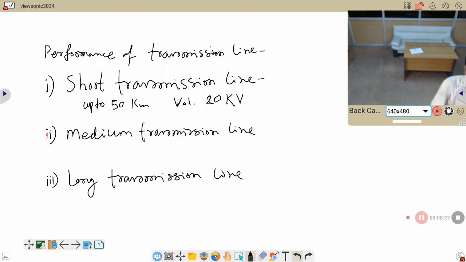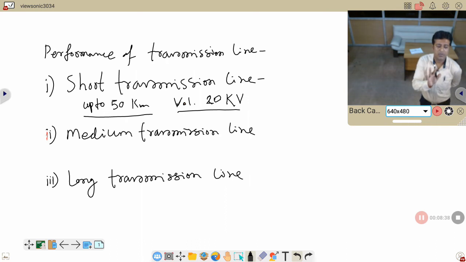Based on the voltage level and length, we consider the parameters: resistance, inductance and capacitance.